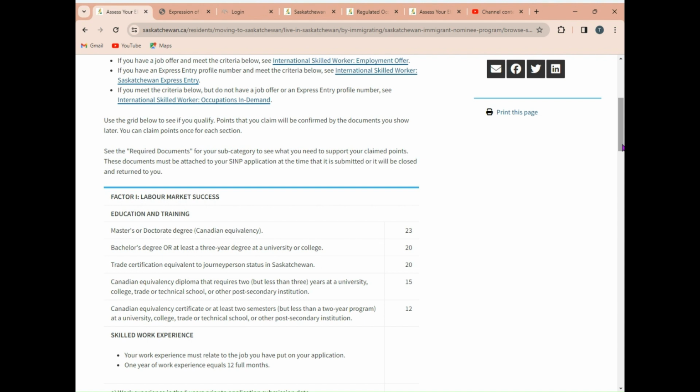That's very important for your journey. One of them is WES, another one is ICAS, and there are three others. It will be useful so that you understand how to capture your points here.